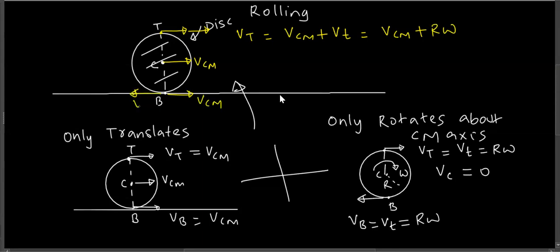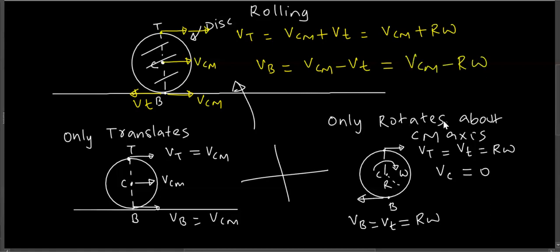So if I take right side as positive, the particle touching the ground will have Vcm minus Vt, which we can write as Vcm minus R omega. Are you getting this?